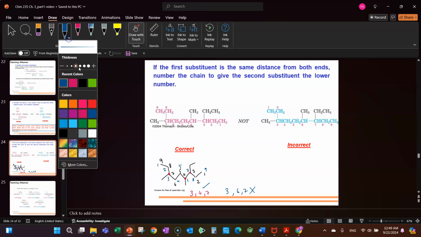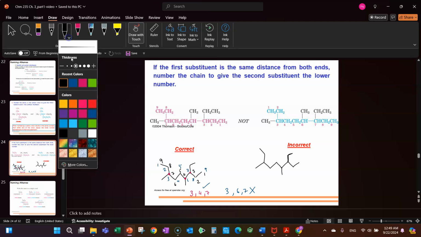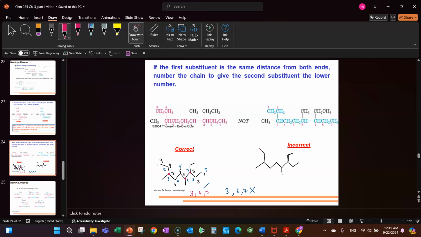Alright, so we will go ahead and redraw that same compound and name it correctly now. Let's redraw that first. Since we decided that our numbering should be, so maybe if we highlight the parent chain with red color first. So this is the longest chain.